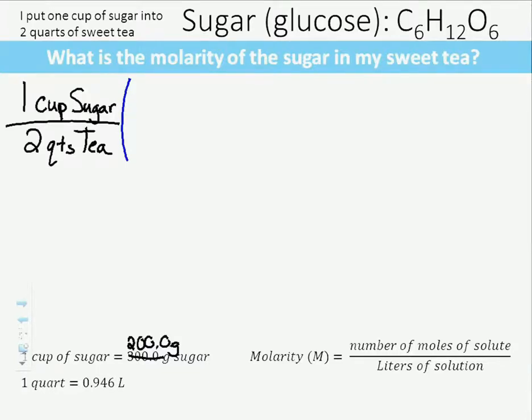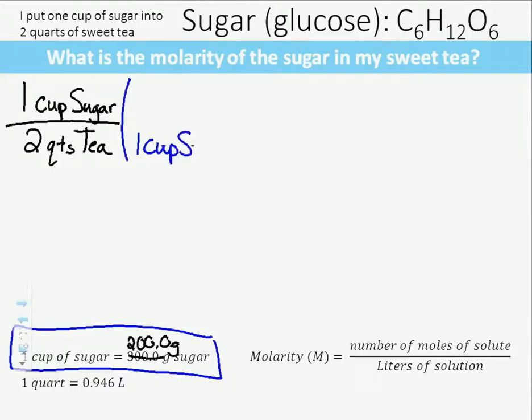In order to get there, we can use this equation down at the bottom, where 1 cup of sugar is equal to 200.0 grams of sugar. Then we can go to our molecular weight because we've gotten into grams, and as soon as you get into grams, you can go to moles.